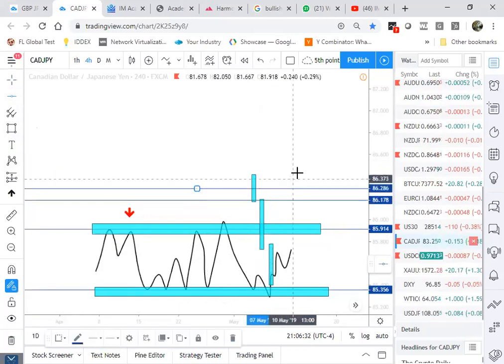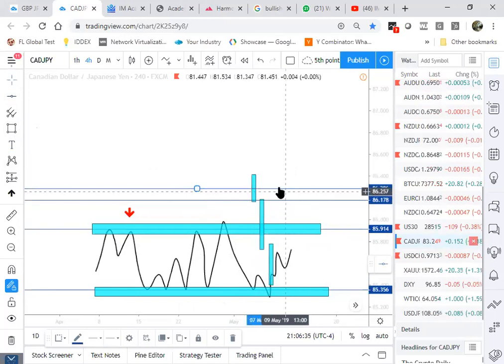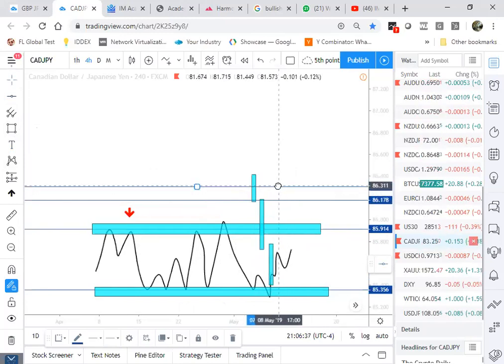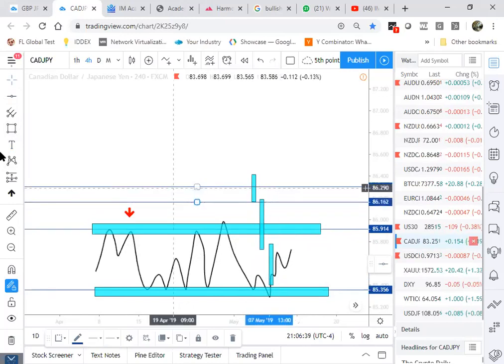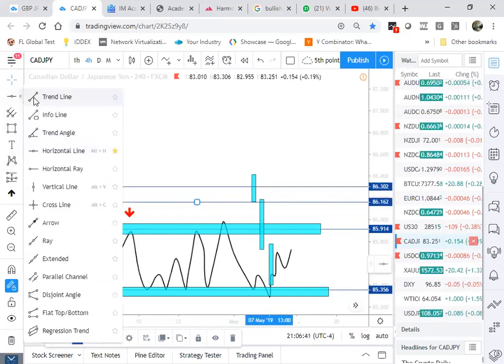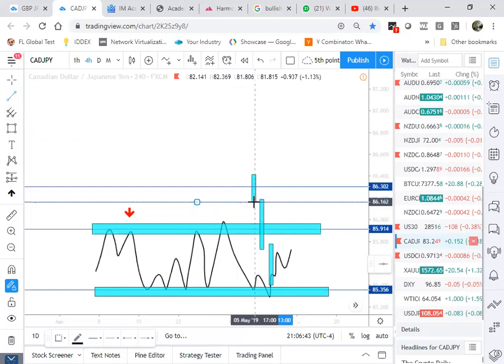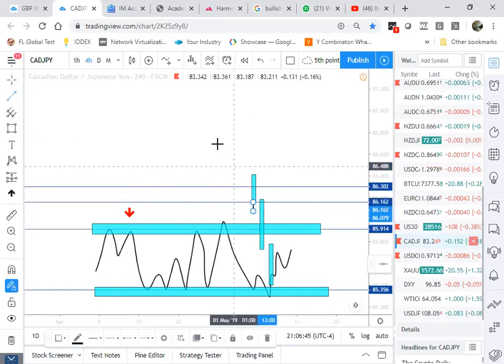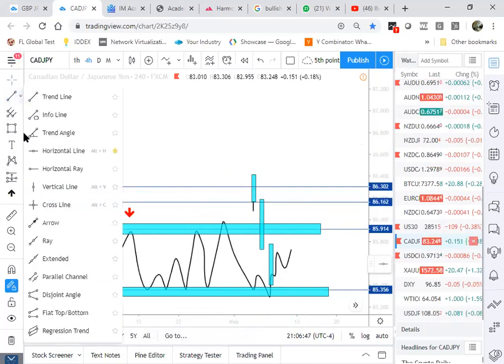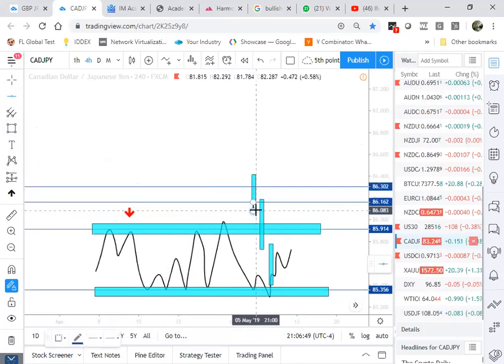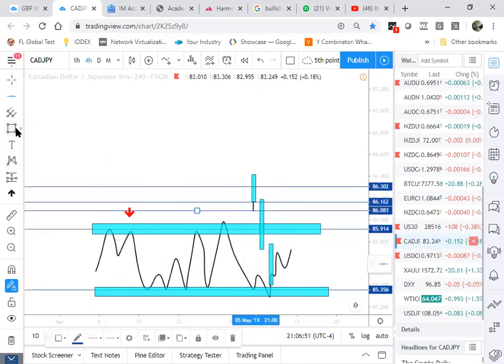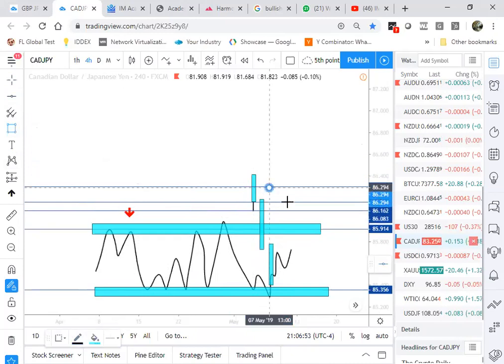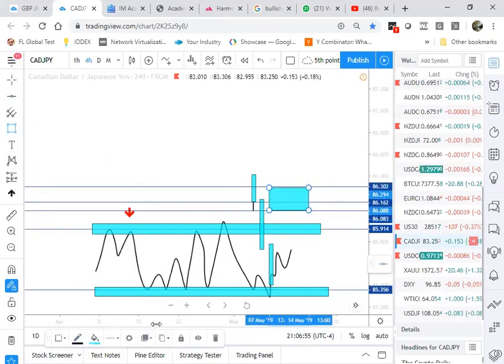So what we do is identify half of the body of the candle as well as the wick. Let's say there's a wick, right? We also cover the wick as any part of that area where price could come and balance, as we call it.